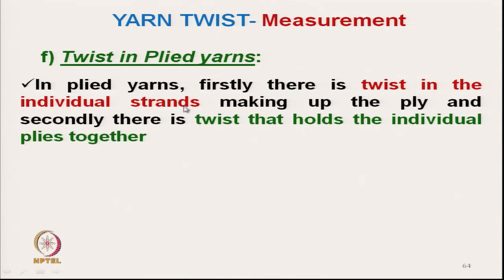In plied yarn, first there is twist in the individual yarn making up the ply, and secondly there is a twist that holds the individual plies together.